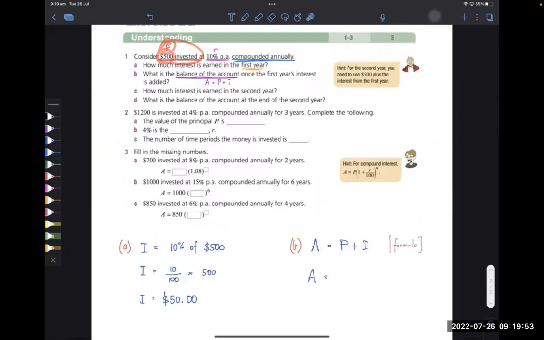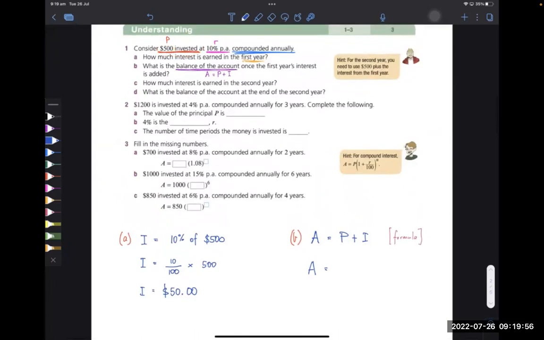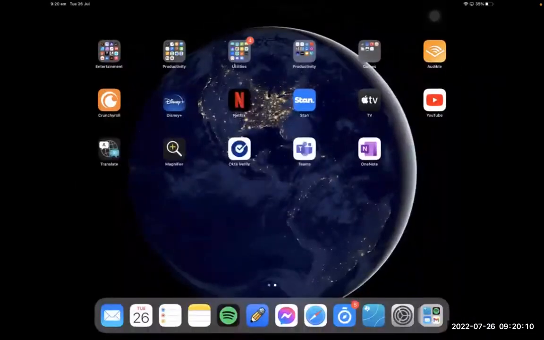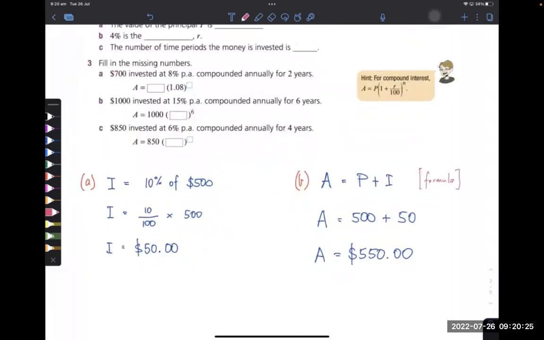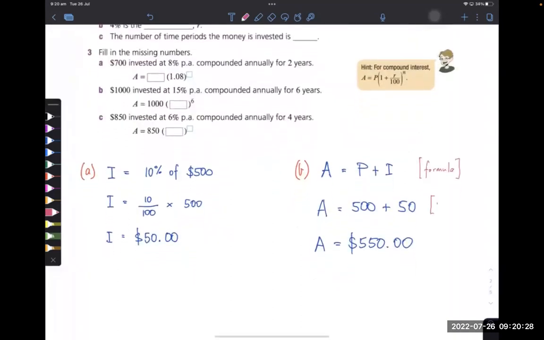P equals 500. So we're going to replace that P with 500. And we're going to add our interest. Where's our capital I? If you search for it on the page, here it is. Yes, so you can add 50 on top of that. So our total amount now is $550 and 0.00. Excellent.